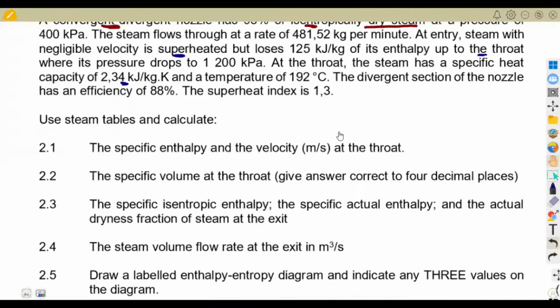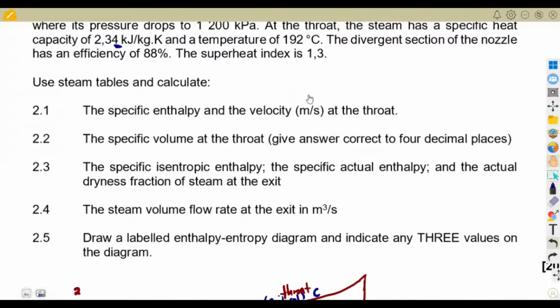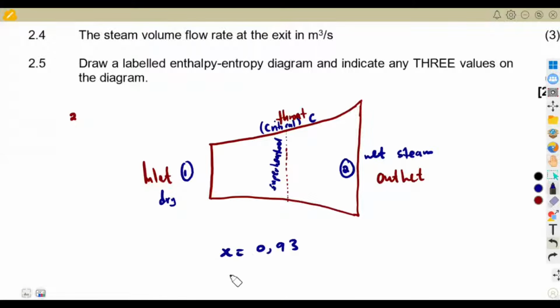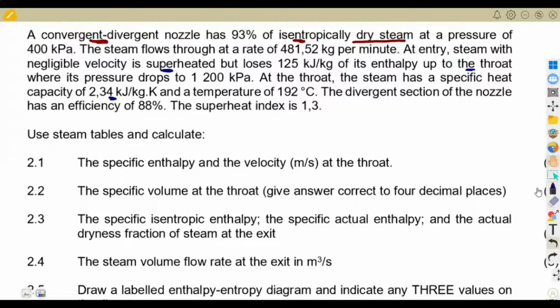And what else do we have? The pressure being 400 kilopascal. So we've got the pressure of 400 kilopascal when it is dry. And the steam now, take note about this one, flows through at a rate of 481.52 kilograms per minute.